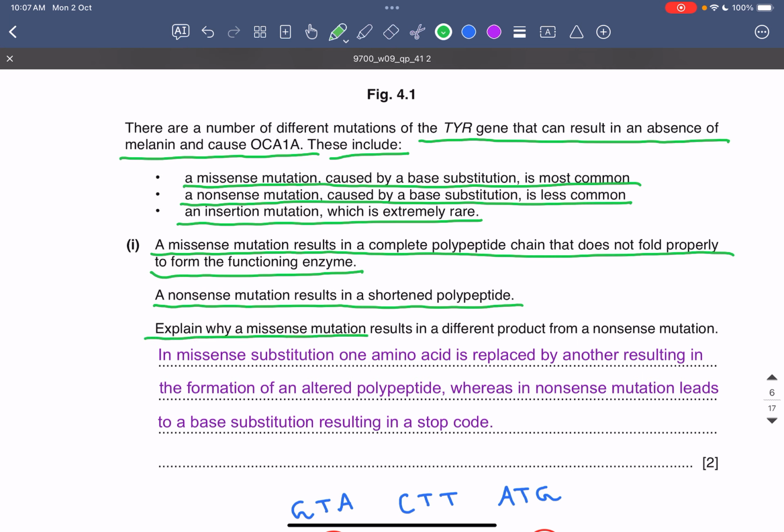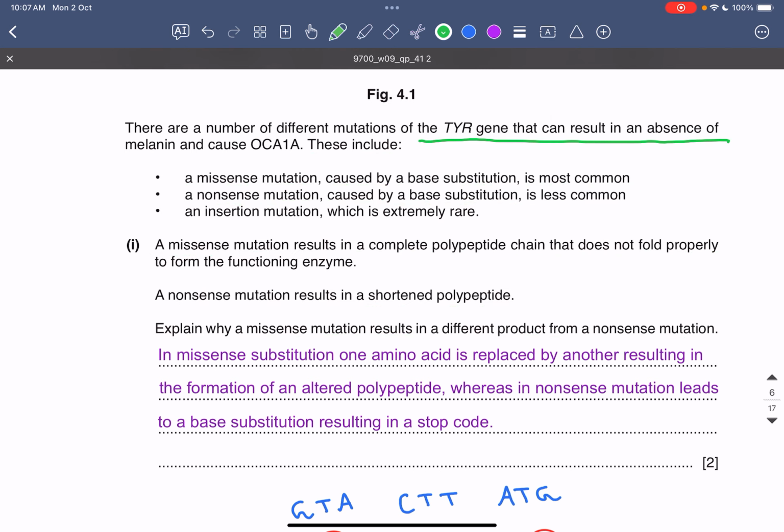Explain why a missense mutation results in a different product from a nonsense mutation. Basically, in a missense mutation, we will get a totally different product as compared to a nonsense mutation, because in missense substitution, one amino acid is replaced by another, resulting in the formation of an altered polypeptide.